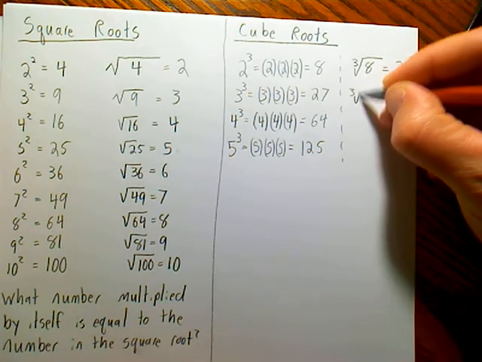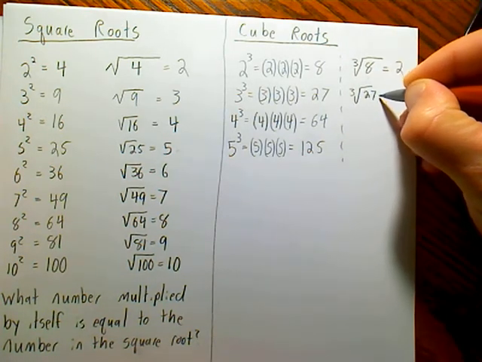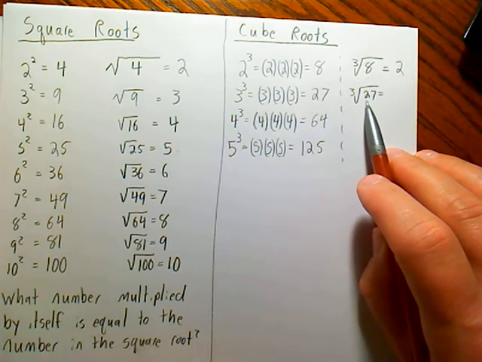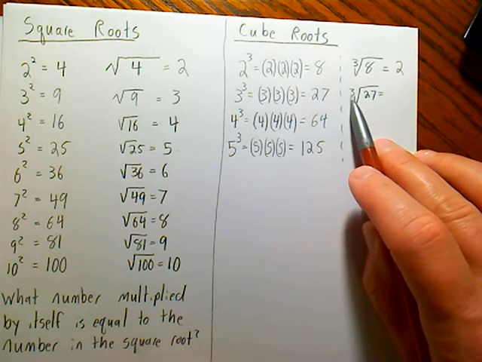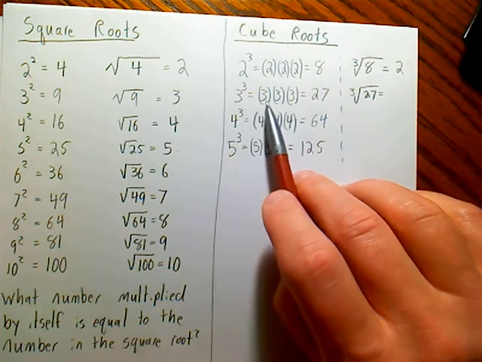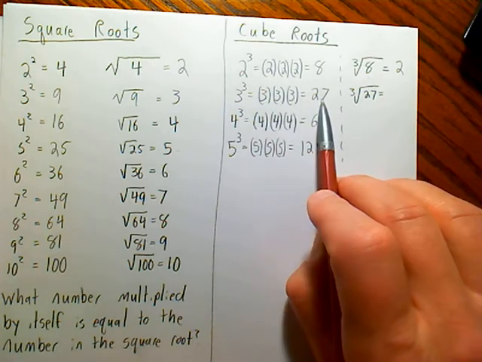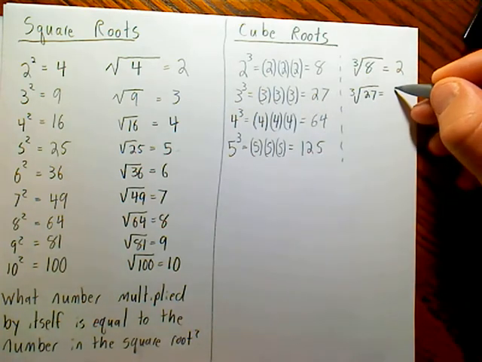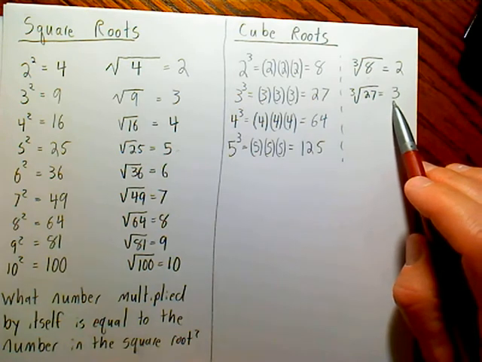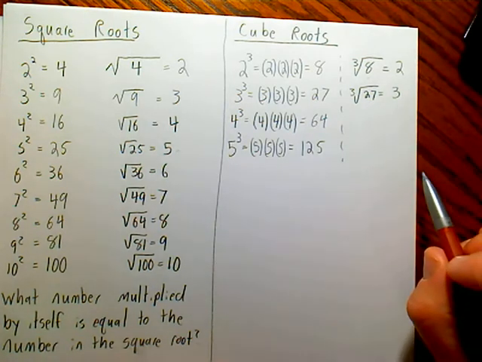Let's do the cube root of 27. Again, this is asking us what number times itself 3 times is equal to 27. Well, we just figured that out over here. 3 times 3 times 3 equals 27. So my answer is 3. This is the number multiplied by itself 3 times that equals 27.